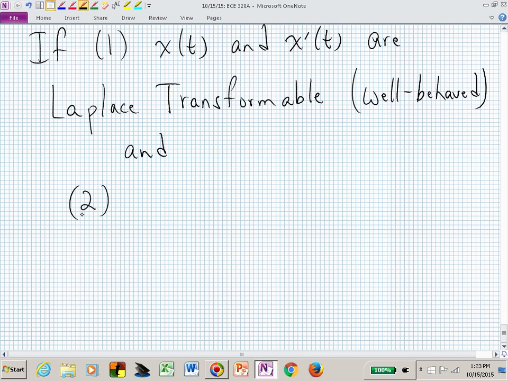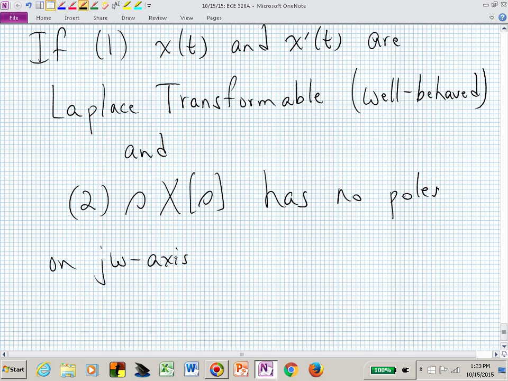Here's the one that you really need to worry about. s X of s, so now we're pre-multiplying the transform, capital X of s, by little s. That expression has no poles, and now we know what poles are, on the j omega axis or in the right half plane.